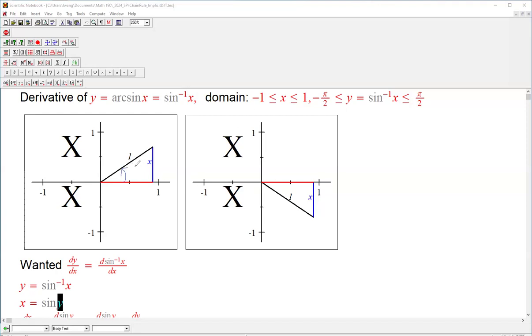Or this other angle, if measured clockwise. Now, the terminal cannot possibly be in quadrant 2 or quadrant 3 because of the domain and range for arcsine. All right, so let's move forward. We're going to come back to this a little later.